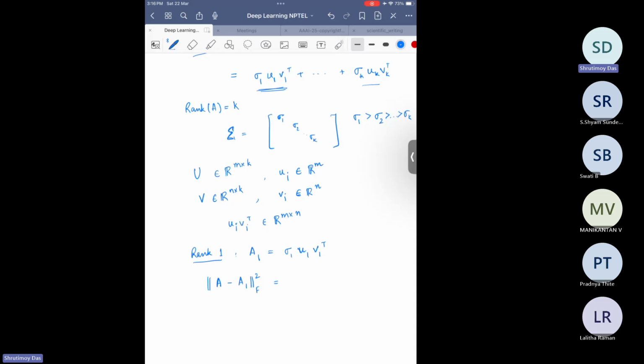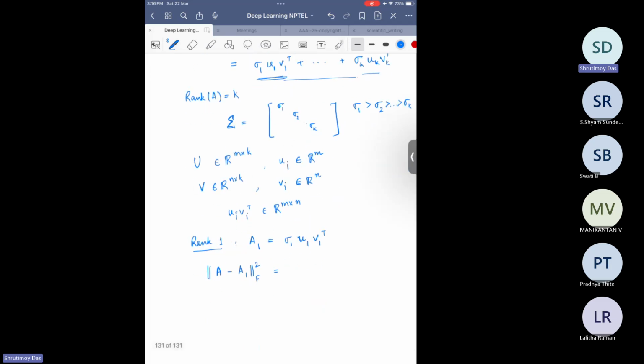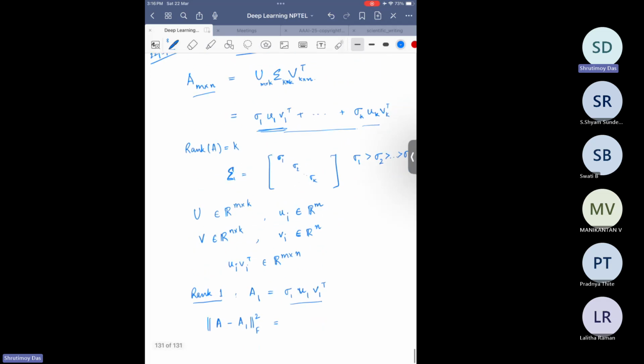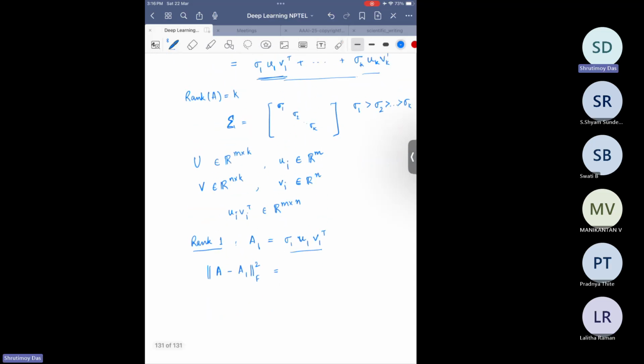Now, because A was the summation of all of these terms, and A1 is just the single term, these things become your difference. A was the summation of sigma i ui vi transpose, and A1 is just sigma 1 u1 v1 transpose.